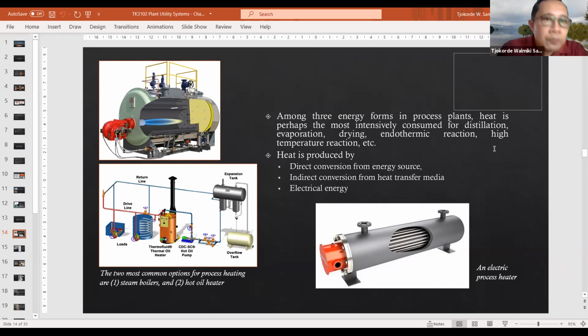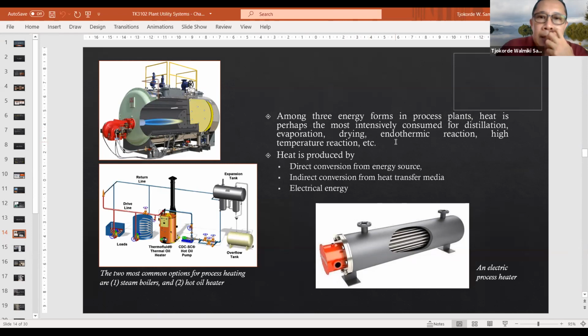Heat is perhaps the most intensively consumed. This encompasses processes such as distillation, evaporation, drying, endothermic reaction, high temperature reaction, and so on. So there are many points of use of thermal energy in an average chemical processing plant.